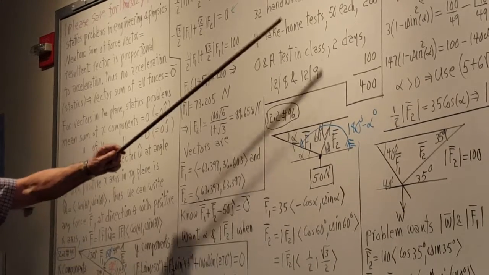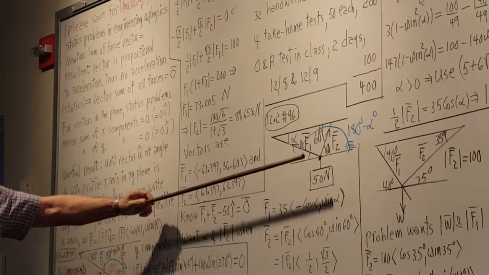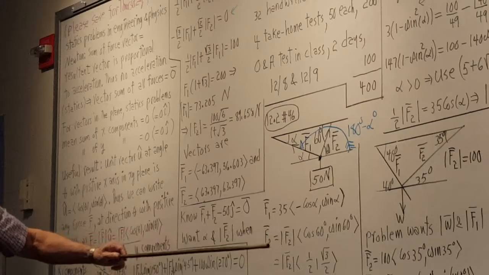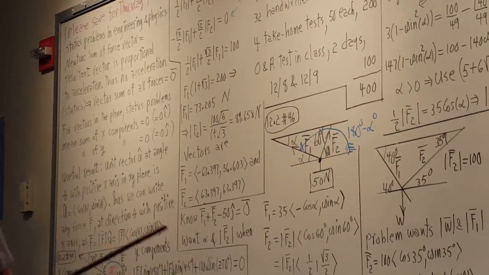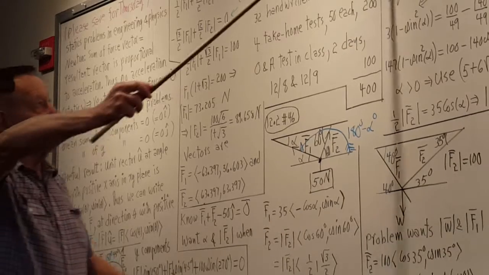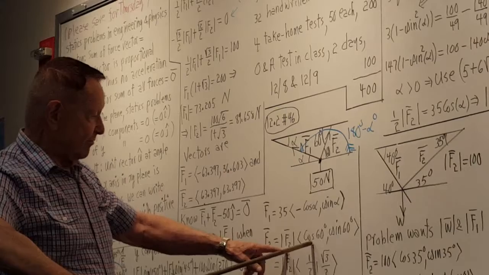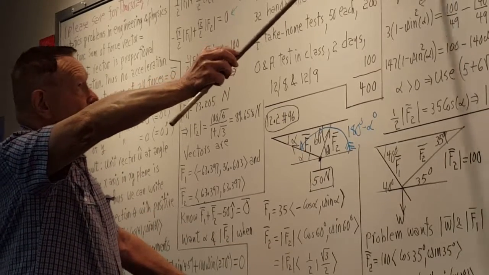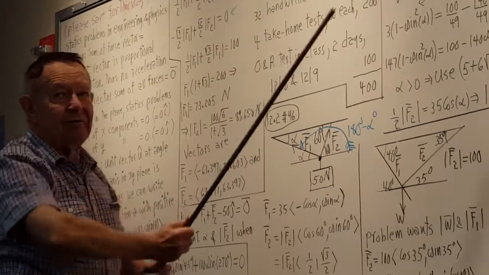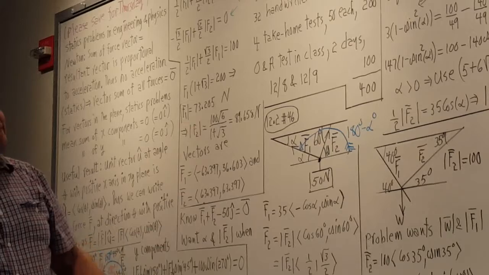And so your side to side, or your horizontal or x components, are minus 35 cosine alpha plus the one from F2, magnitude F2 times a half equals 0, or if you prefer, this equals that.